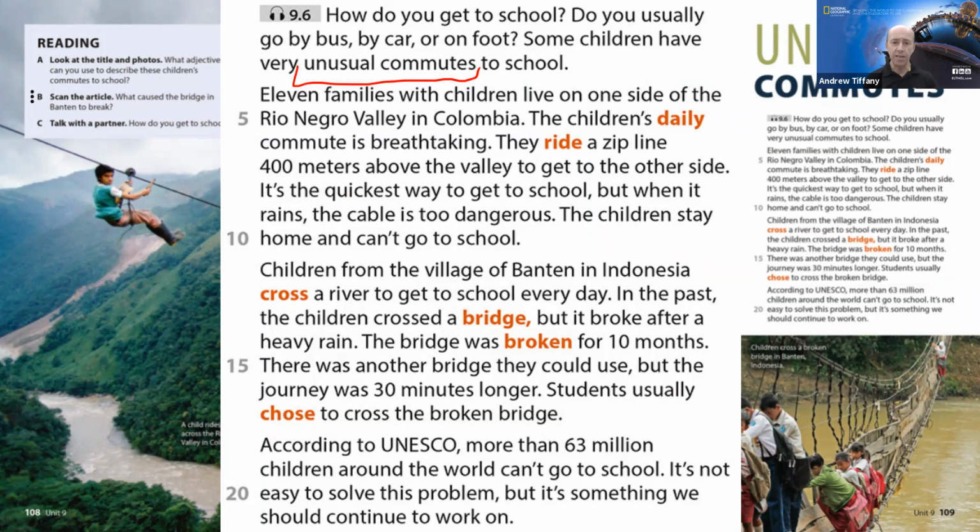So I can make that a very student-centered kind of learning activity, okay? Another one in here, I see the question, Shamila, I'll get back to that one in a minute, is there's some danger in some of these commutes, right? So maybe it would be like, okay, have you ever ridden on a zip line before? Maybe some students have, maybe they haven't, right? And it could be like, well, you haven't done this one. What about, have you walked across a broken bridge like down here? Or what about one of the bridges?